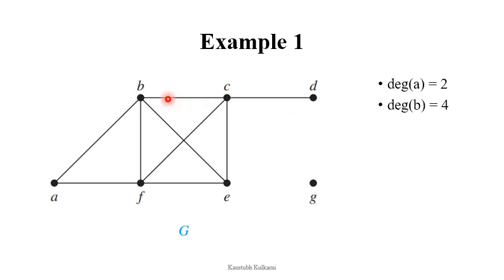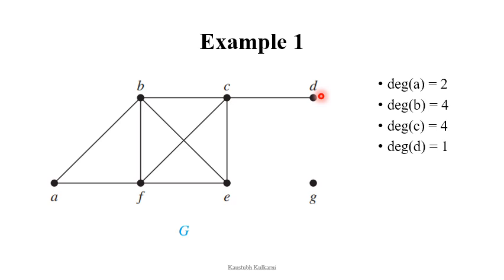For vertex C, we have CB, CF, CE and CD. So the degree will again be 4. For vertex D, we only have one edge, that is DC. Therefore, the degree will be 1. There is a special terminology for such a vertex. It is called a pendant vertex. If the degree is 1, it is called a pendant vertex.